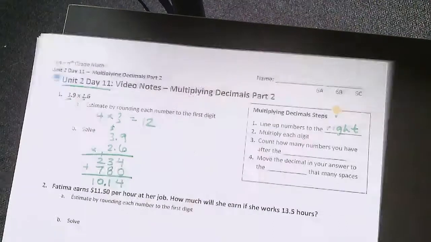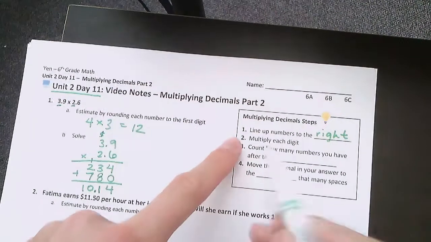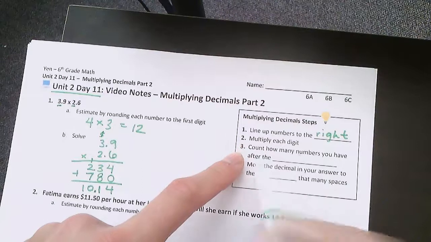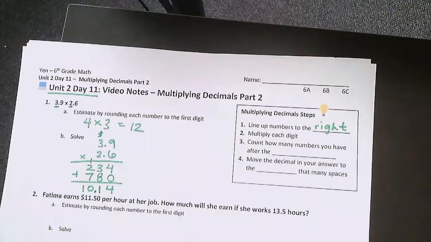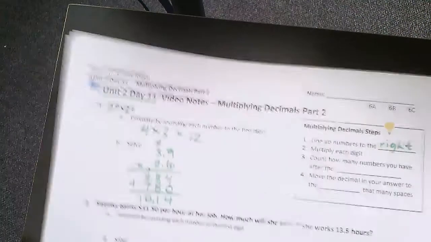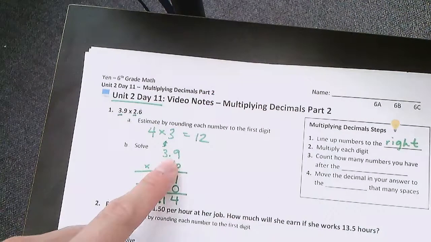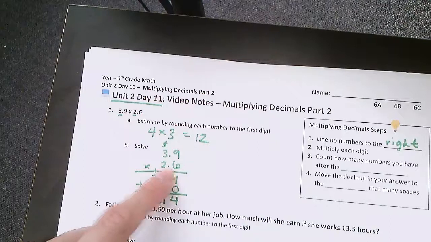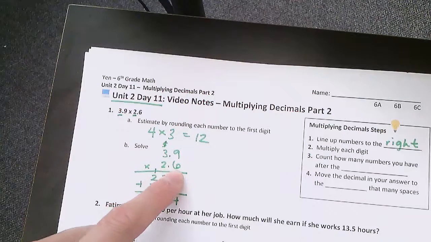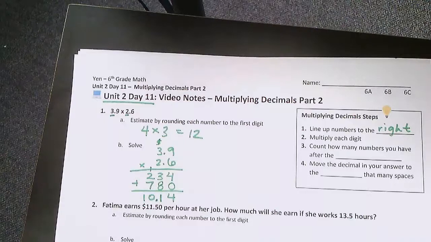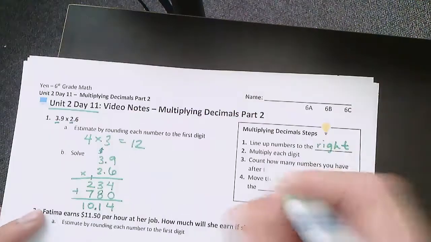But another way is, if we go back to our steps, we multiplied each digit. Good, we did that. You can count how many numbers you have after the decimal. That's what we did yesterday. But now we have to count in both numbers. In this number, we have one number after the decimal. In the second number, 2.6, we also have one number after the decimal. So in total, we have 2 numbers after the decimal.